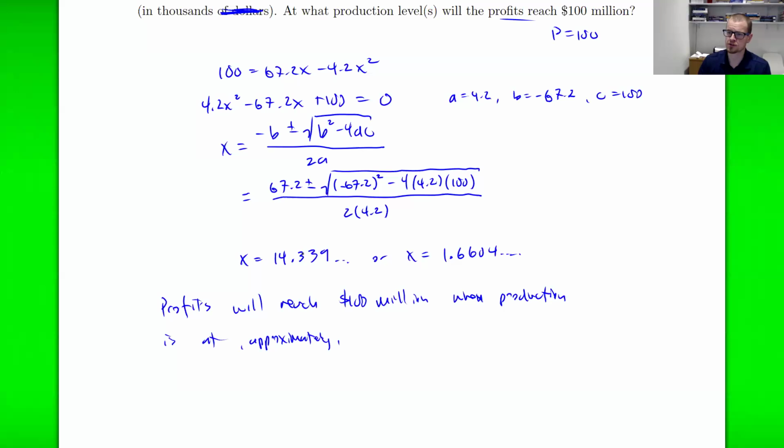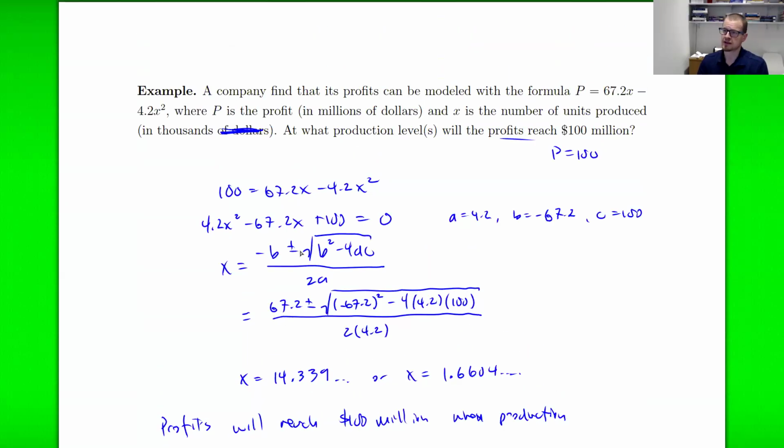And the reason that we're going to do that is because of this idea of significant figures. The numbers in the problem that were given are rounded to the nearest tenth. And actually, if we wanted to really follow along with the idea of significant figures, there's three significant figures here, two significant figures here, and three significant figures here.